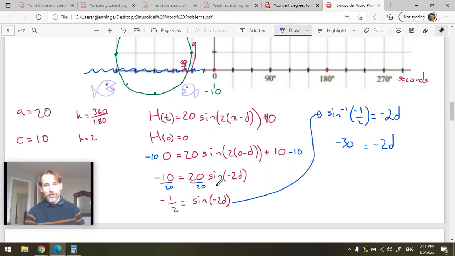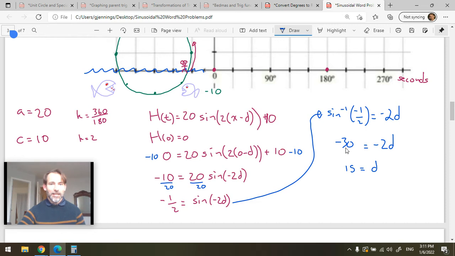Crisis averted. So now I have this, right? My calculator tells me the angle that produces a sine of negative 1 over 2 is negative 30. It could have also said 330, but who cares? Negative 30 works wonderfully because when I divide both sides by negative 2, I get 15 equals d.